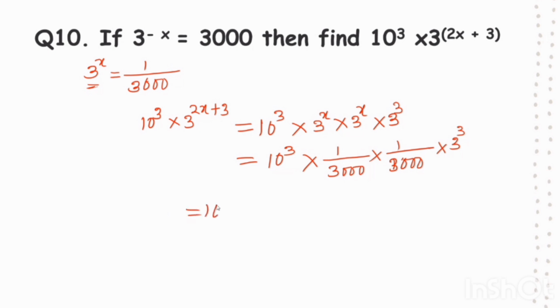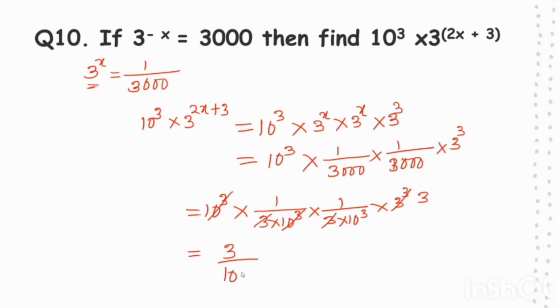That is equal to 10 cube into 1 upon 3 into 10 cube, into 3 cube, and now this 3 cube and 3 cube we can reduce, and it becomes only 3, that's equal to 3 divided by 10 raised to the power 3.